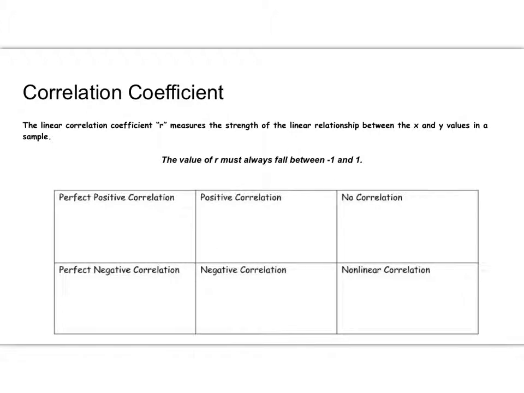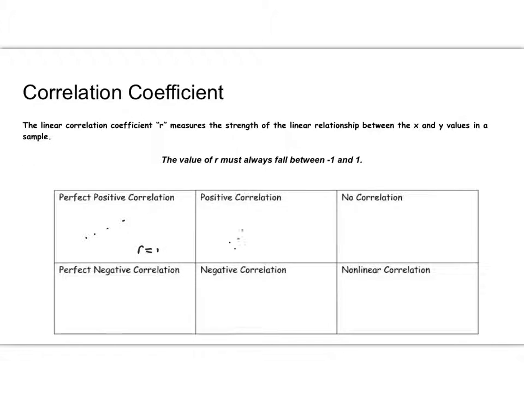The correlation coefficient, that is, the linear correlation coefficient, is R. That measures the strength of the linear relationship between your X and Y values in your sample. So our value of R has to always be between -1 and +1. Where I had that perfect correlation, that would be an R value of 1.